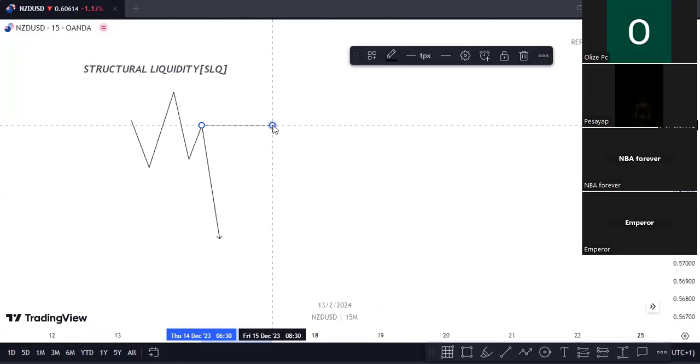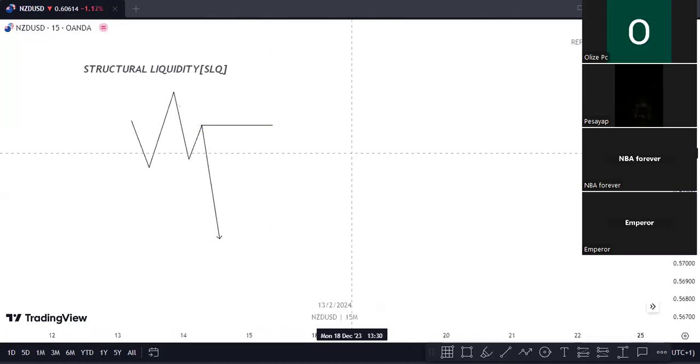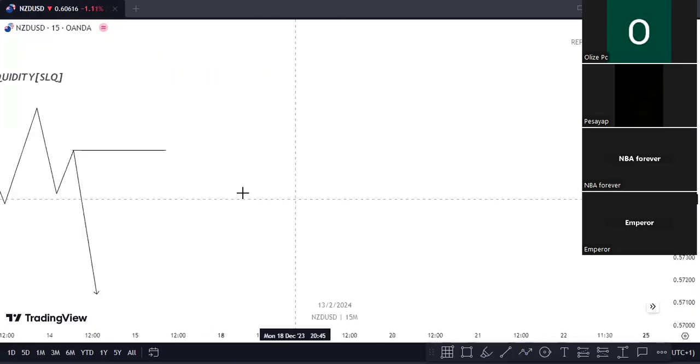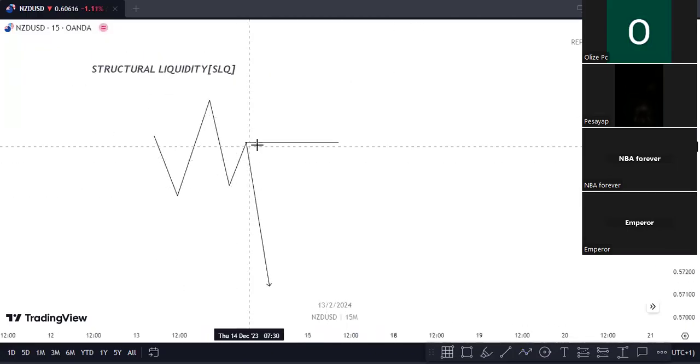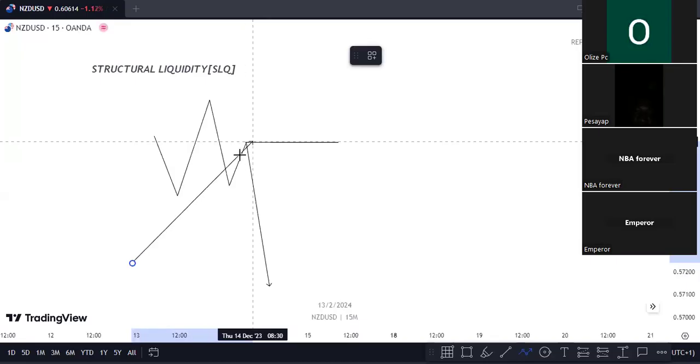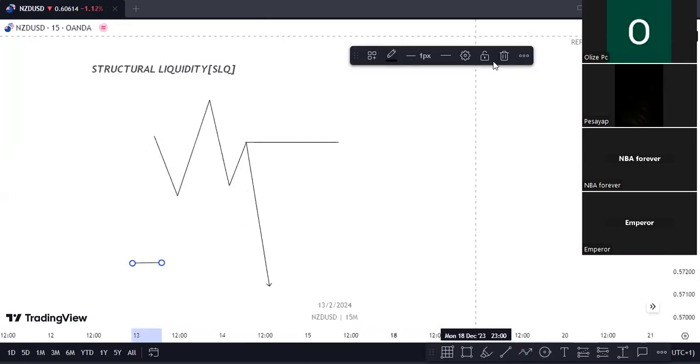SLK is just an abbreviation for it. Are you hearing me? Yes, sir. In your trading range, your inducement or your trap, which is meant to be taken out, is what we regard as the structural liquidity.